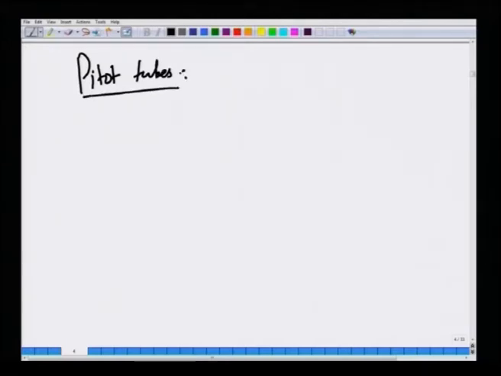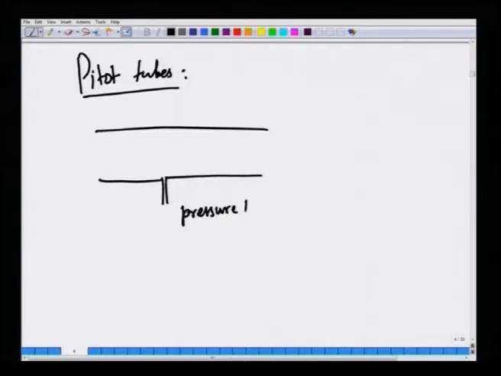Okay. Now, one way to measure the pressure in a flowing liquid is the following. Suppose you have a pipe or a channel in which fluid is flowing, you can make a small hole, a pressure tap. This is called a pressure tap or a wall tap, and let us say fluid is flowing on the average in this direction.